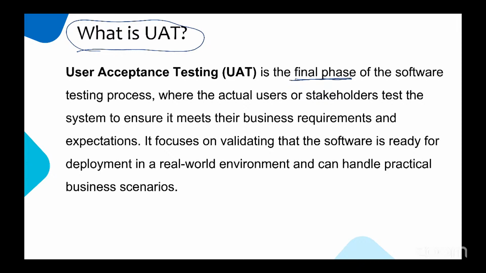Here the actual user or stakeholder tests the system to ensure it meets the business requirements and expectations. In simple words, this testing is not done by the development team or the testing team. It is done by the customers or the users. That is what the definition says.